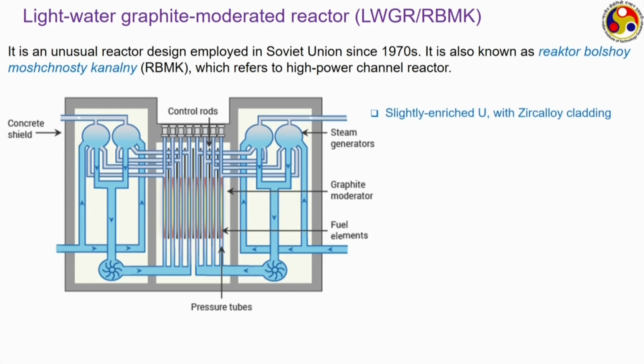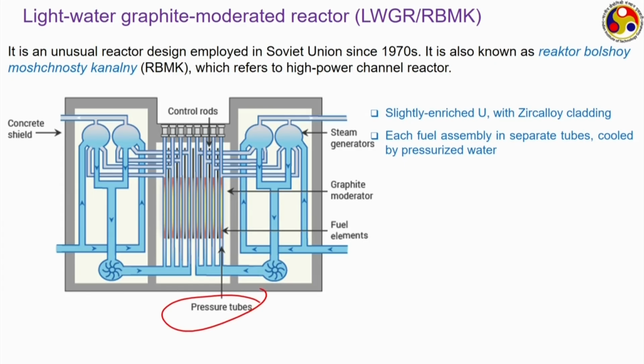It uses slightly enriched uranium with zircaloy cladding, and each fuel assembly is put in a separate pressure tube. Like here, these are each separate pressure tubes, inside which we have the fuel, and pressurized water is allowed to flow through the gaps between these fuel tubes, thereby taking away the energy produced during the fission reaction.